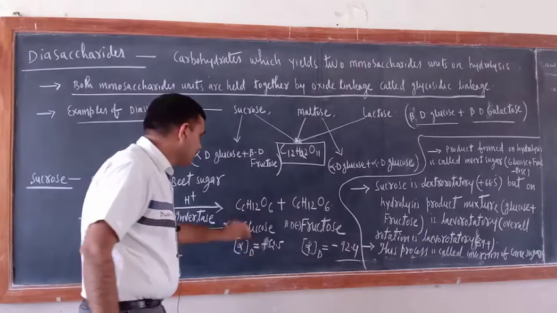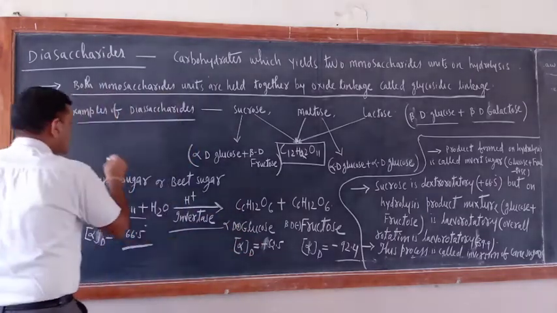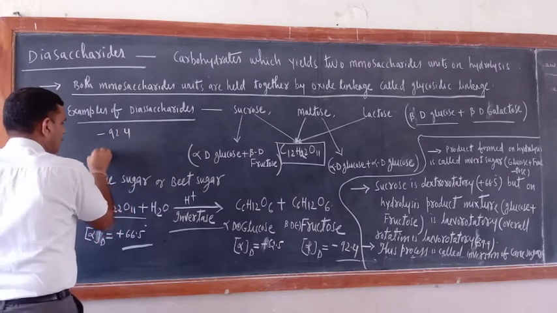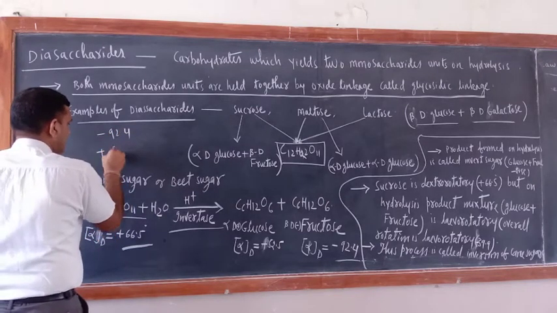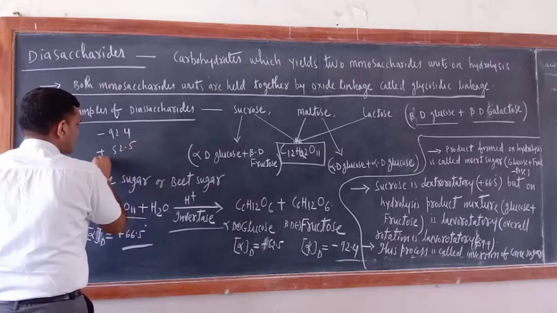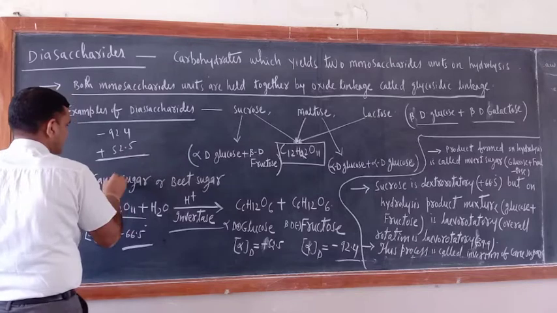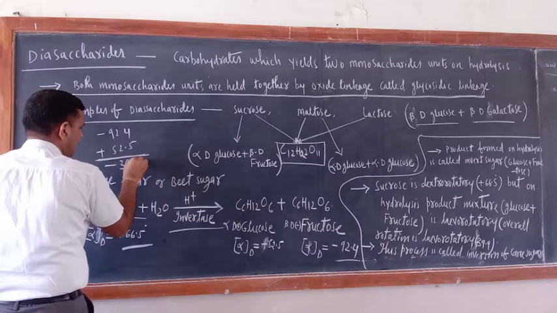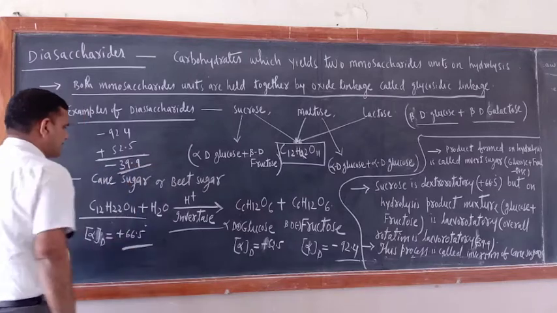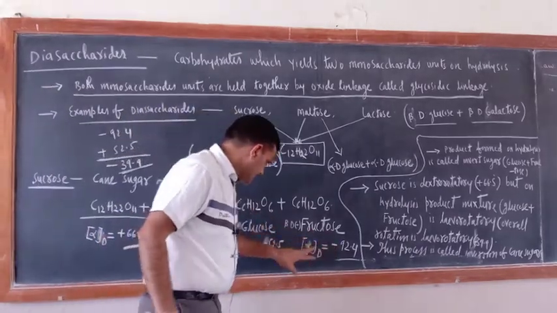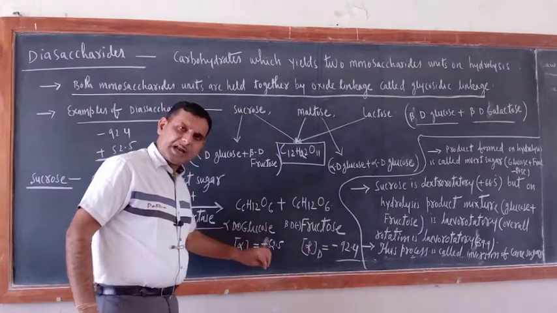Why a laevorotatory mixture? Just see. Fructose is minus 92.4 and glucose is plus 52.5. Now if you subtract, you will get minus 39.9. Of course this is minus, this is plus, so subtract it.